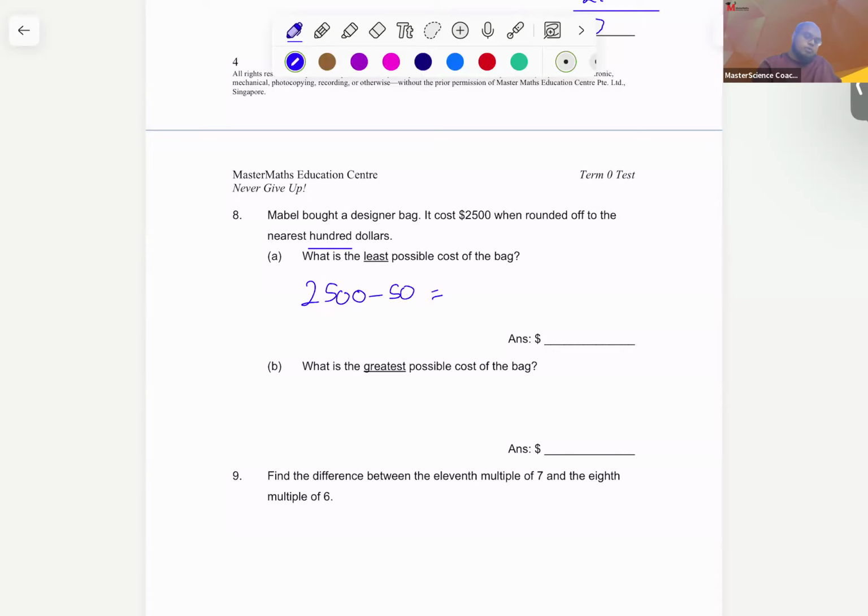So equals to 2,450. Then the greatest possible, I plus 50 minus 1. So equals to 2,549.